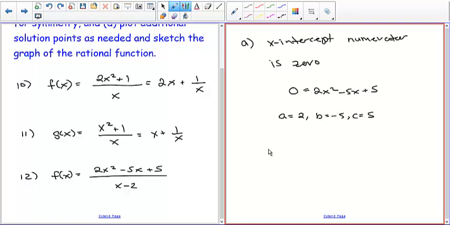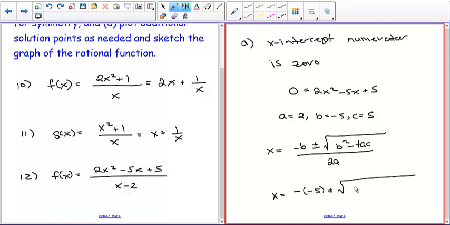So we get x is equal to minus b plus or minus the square root of b squared minus 4ac over 2a. So we get negative negative 5 plus or minus the square root of negative 5 quantity squared minus 4 times a, which is 2, times c, which is 5.